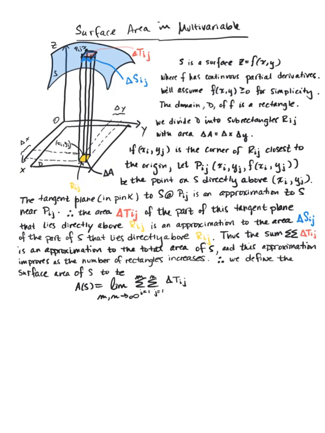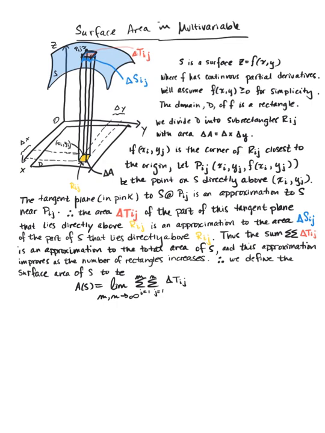So we have this domain D of f. We're going to make that a rectangle. Then we're going to divide D into subrectangles R sub ij. Each of those rectangles is going to have an area, delta A, equal to delta x times delta y.